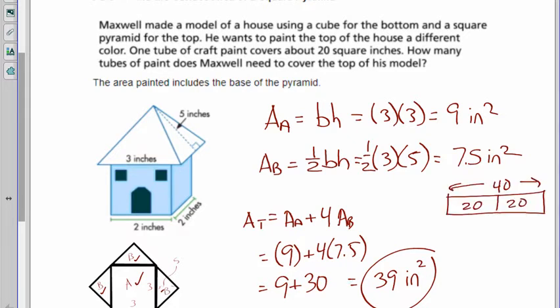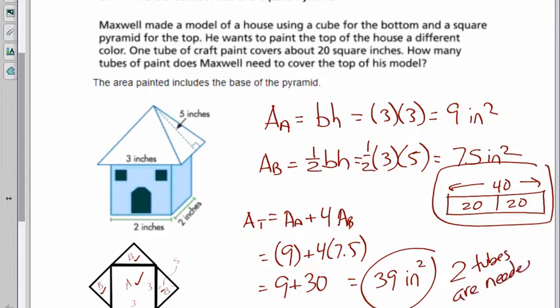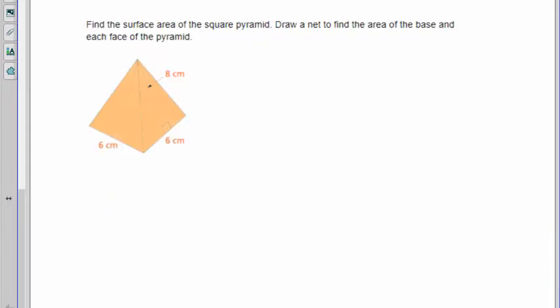So it looks like from my bar model here that I'm going to need 2 tubes. That's what's needed. And that would give me 40 square inches of coverage, and so I'd have a little bit of paint left over.